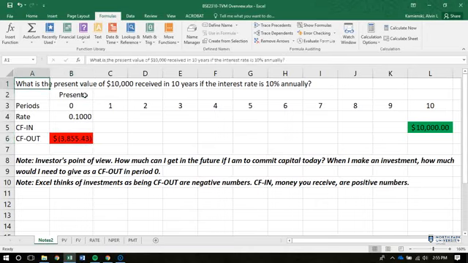Subsequently, the answer to the question, what is the present value of $10,000 received in 10 years if the interest rate is 10% annually, would be $3,855.43.